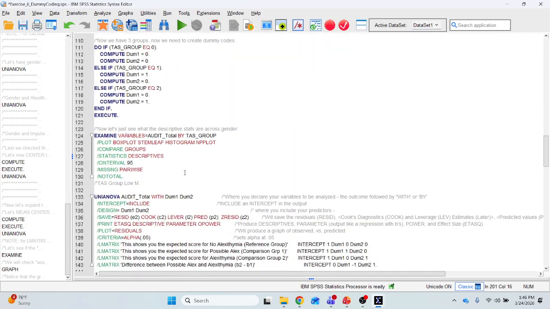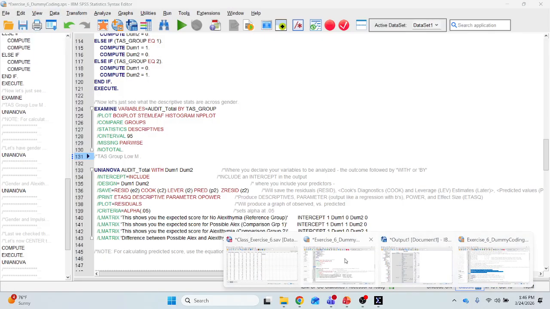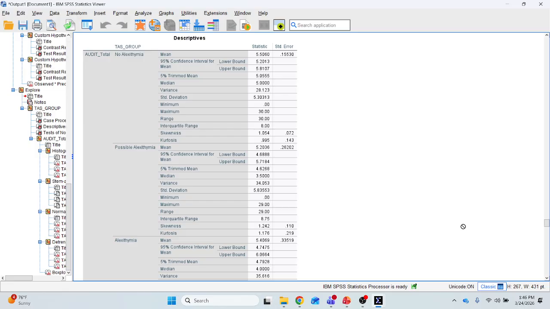Yes, hold on. This one, the 131, says males and females. That's a mistake. So no alexithymia, their score should be 5.51.